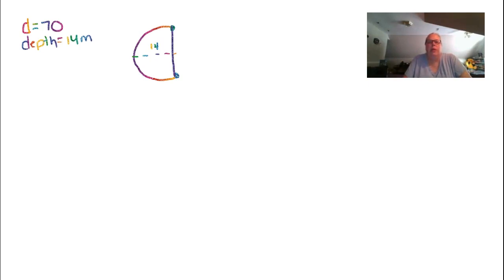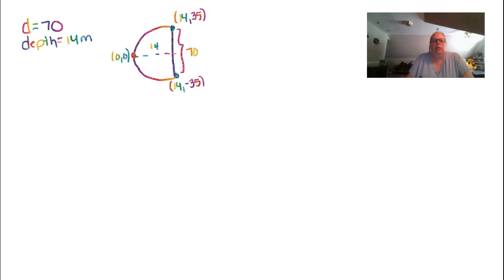That makes this point, let's see, if the whole thing is 70, then we've got a point here at 14 and +35, and then we've got a point down here at +14 and -35. And all of this is assuming that our center is right here at 0, 0.